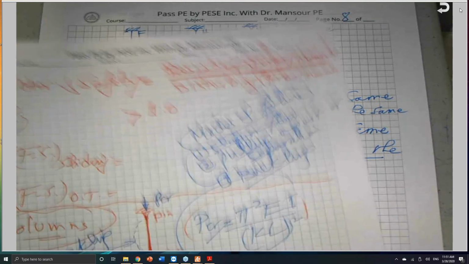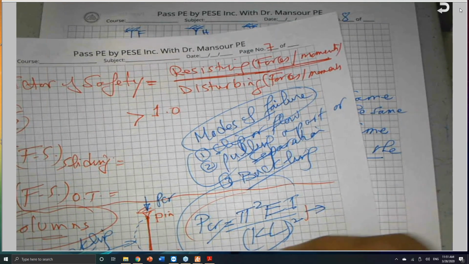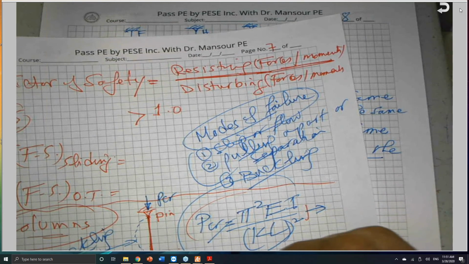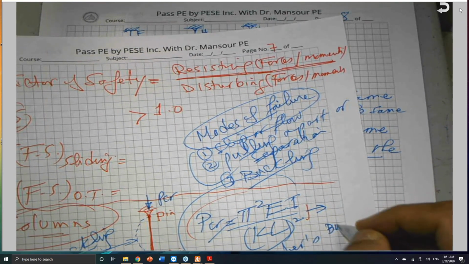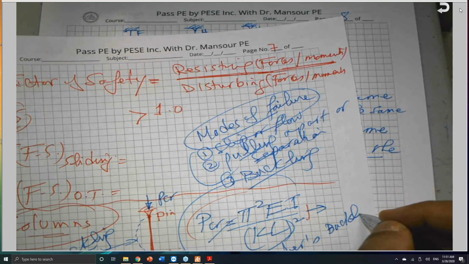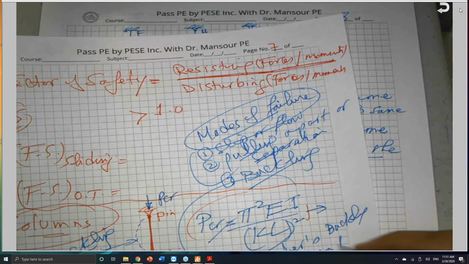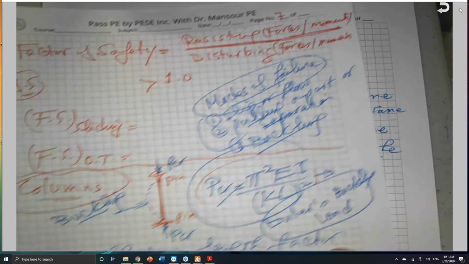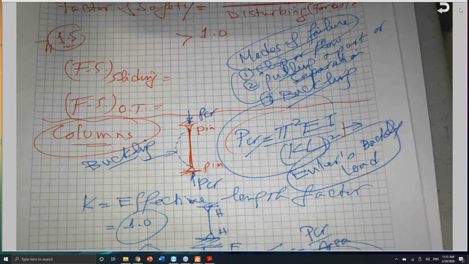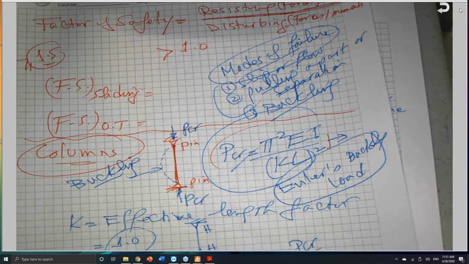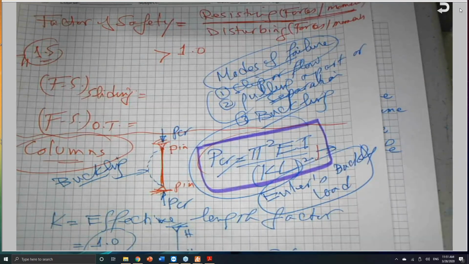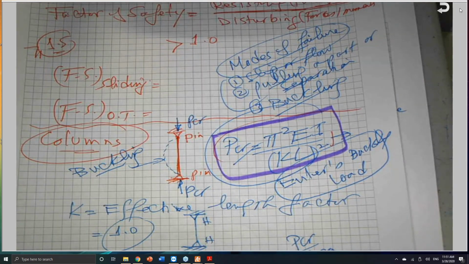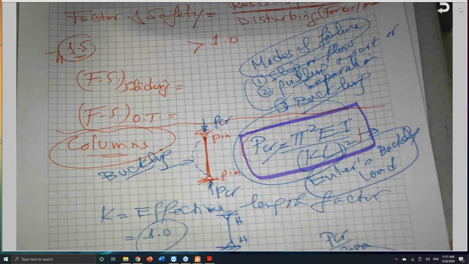From the equation of the buckling load by Professor Euler, this is called Euler's buckling formula, or Euler's buckling load, P critical.